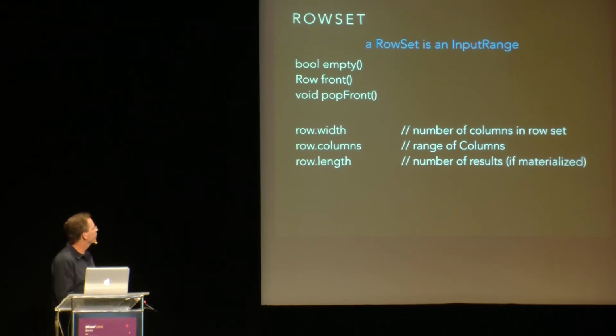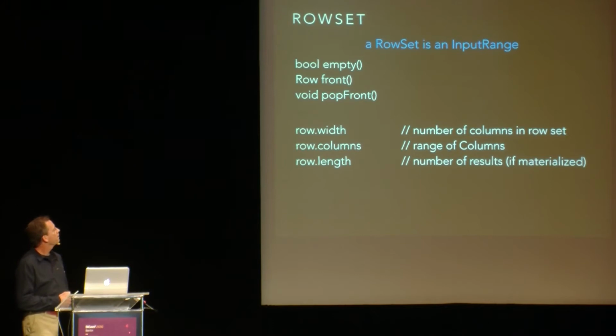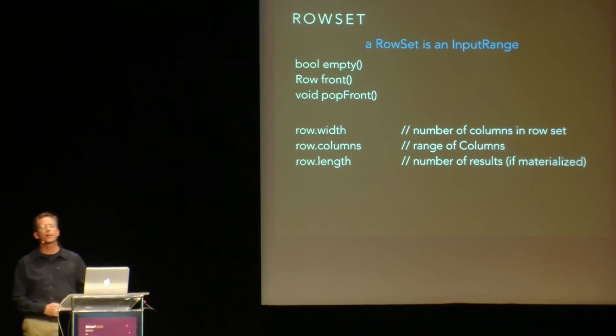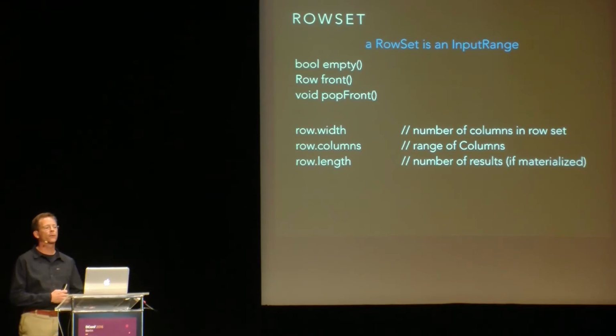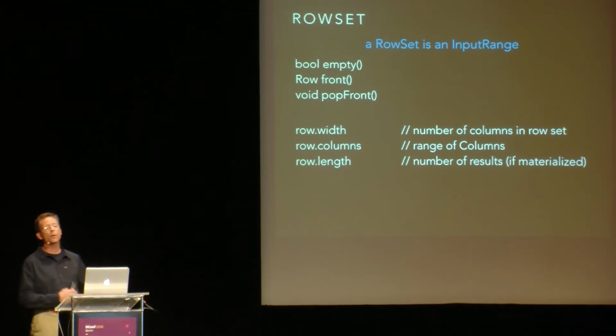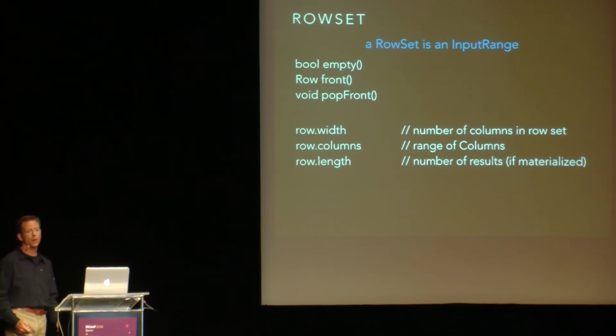So this is an input range. It also, at this level, gives you the row width, the columns. The length of the result is the number of rows, but you can't call that until you have all the rows, unless you have a special kind of result set, where either you've got all the rows, or you have a detached row set, or you've configured the driver to say, I always want to get all the rows.